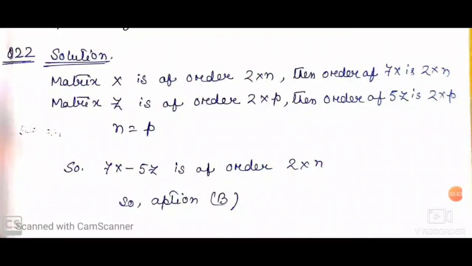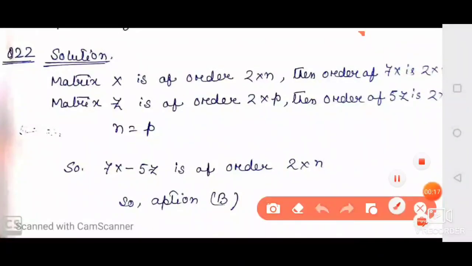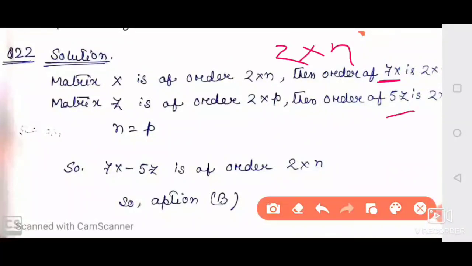Since 7X minus 5Z is defined, the order of 7X and 5Z must be same. But here we have the order of 7X is 2 by n and order of 5Z is 2 by p.